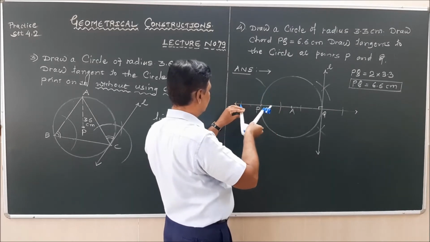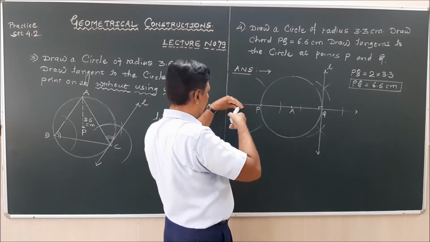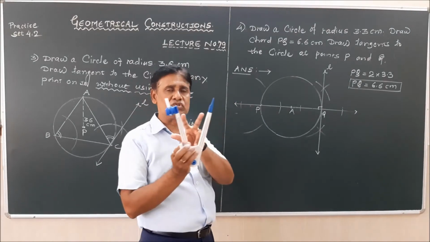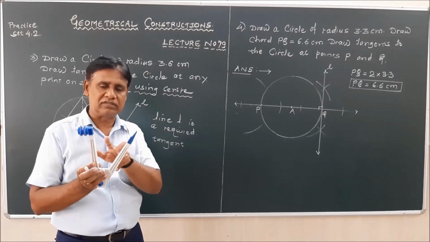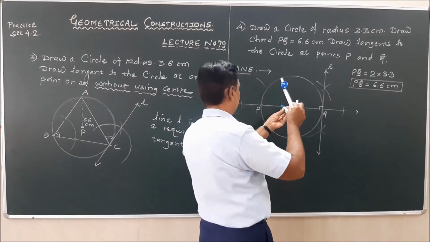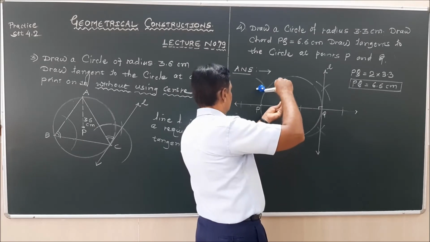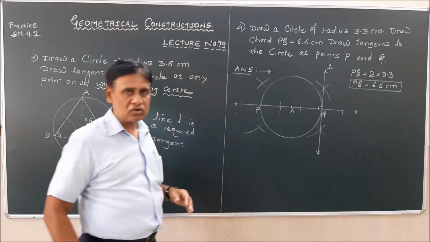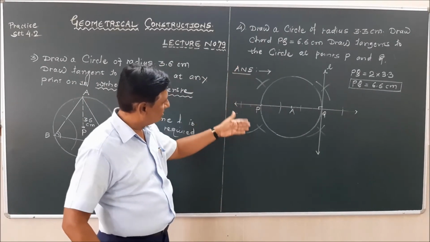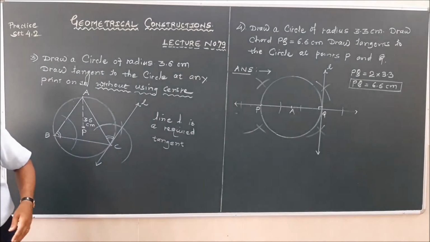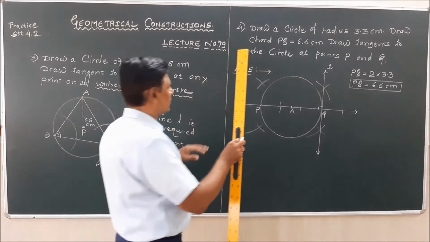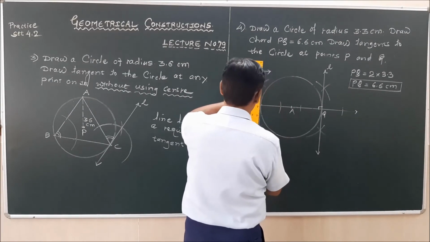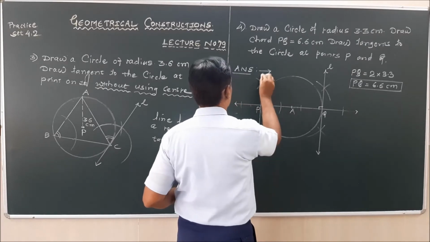Draw two arcs, one above P and one below P. Do not change this distance, place the middle point on the second arc, and draw arcs to intersect the previously drawn arcs. Then, to the point of intersection of these arcs and point P, draw a straight line.